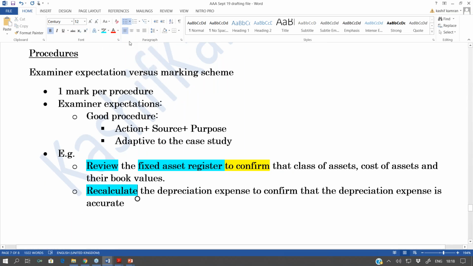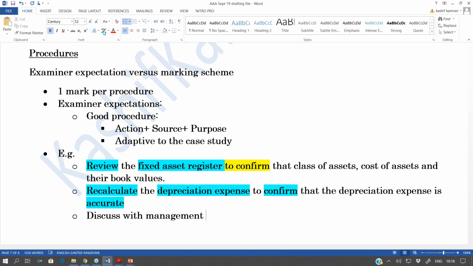The source, you were recalculating the depreciation expense, right? And what do you confirm from that? You confirm that the depreciation expense is accurate. So every time you write a good procedure, you should have an action, a source, and a purpose. Take another example. Discuss with management.